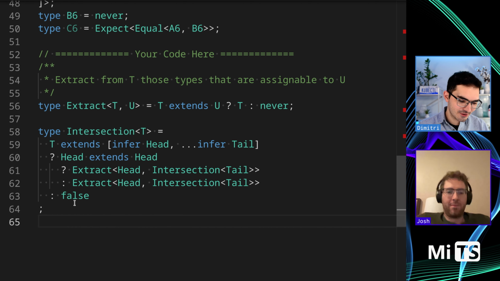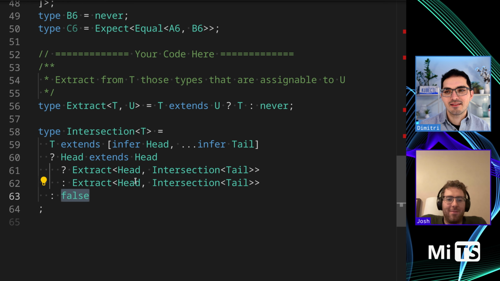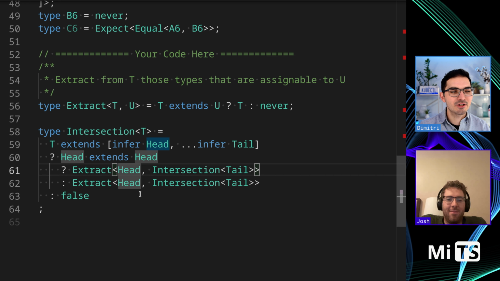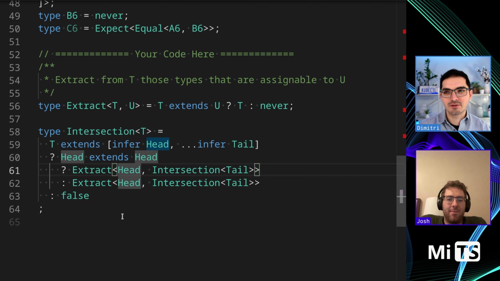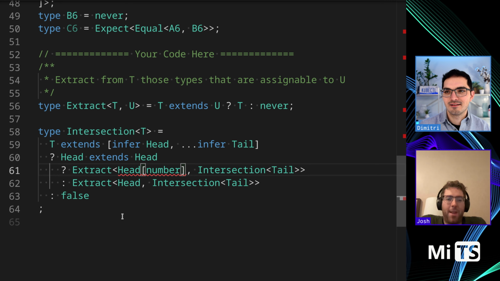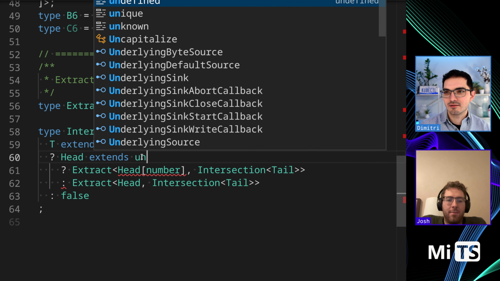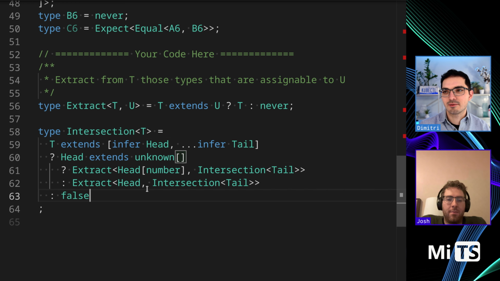thing, you were spot on about the hint. If head is just a single thing, then remember that trick we did to get the tuple to become a union? Head of number, yeah. So, actually, this would be. Sorry, I did it completely wrong.